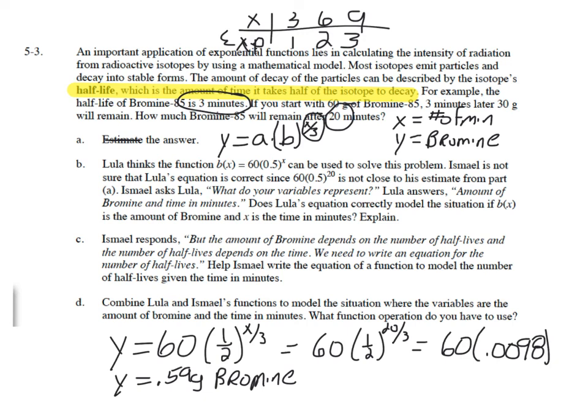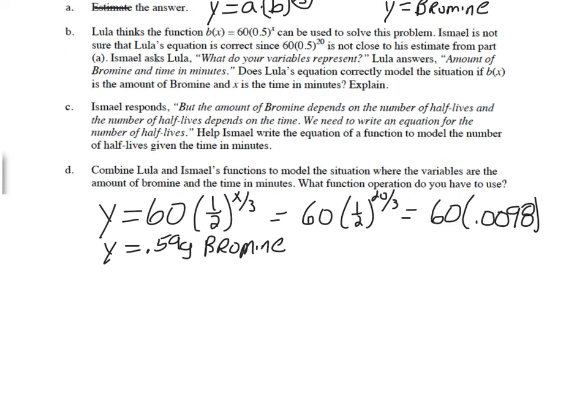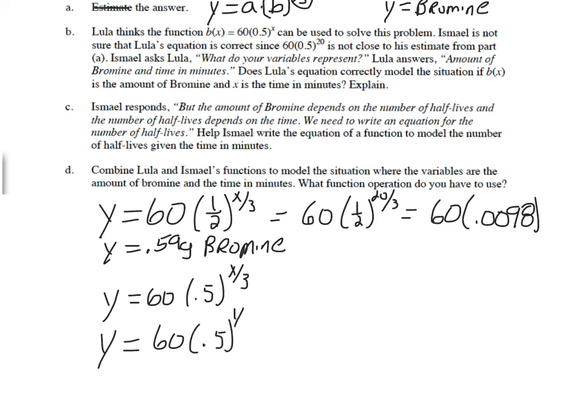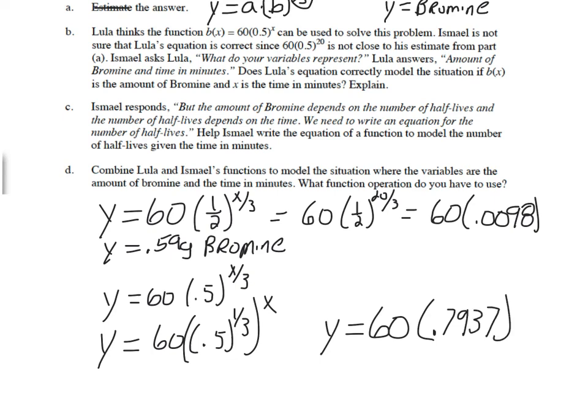So the overall equation, if we want to write equivalent forms of our equation, y equaling 60 times 0.5 raised to the x over 3, well, y comes out to be 60 times 0.5 raised to the 1/3 raised to the x, which is also equivalent to y equaling 60 times 0.7937 raised to the x.